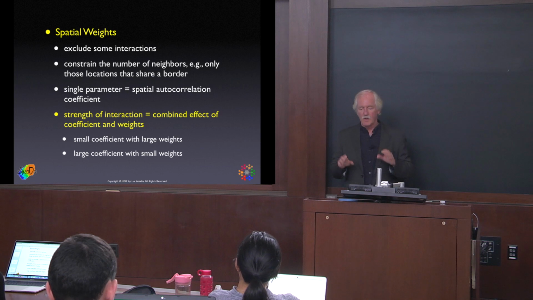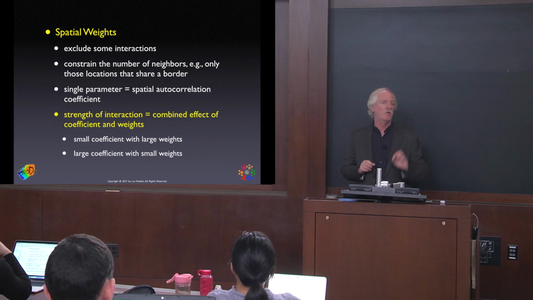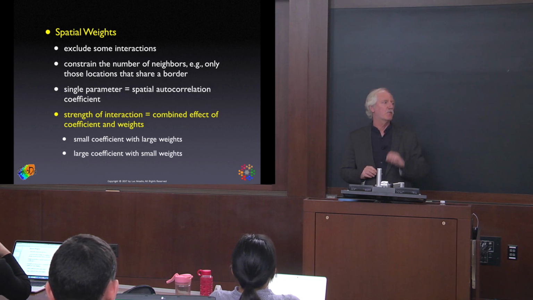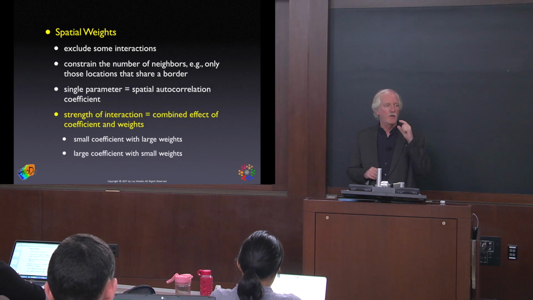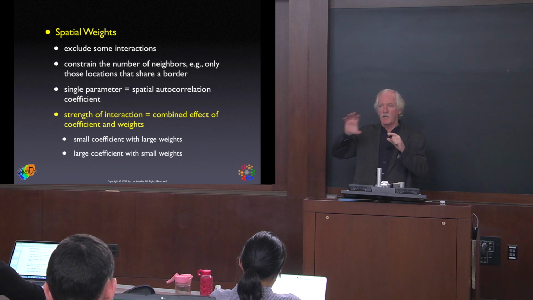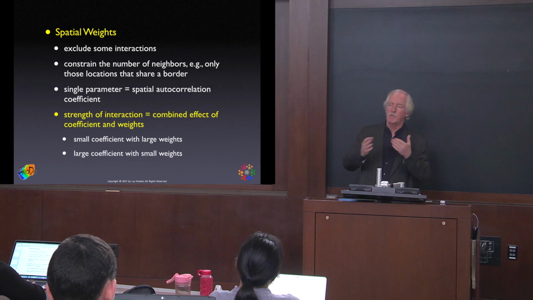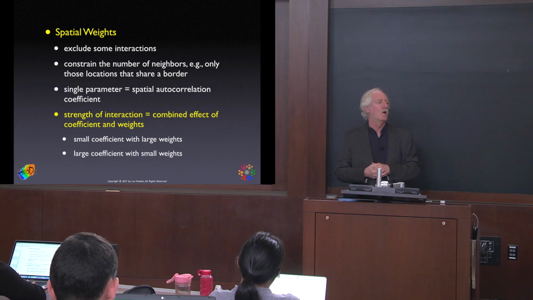To put it very crudely, if you have big numbers in your weights, your parameter will be small. If you have small numbers in your weights, your parameter will be larger. So the interpretation of the magnitude of the parameter is meaningless without knowing what this weights matrix is. That's why we often standardize the weights matrix in some ways, so that at least we know the parameters are going to be less than 1 in absolute value, so we can somehow compare them.